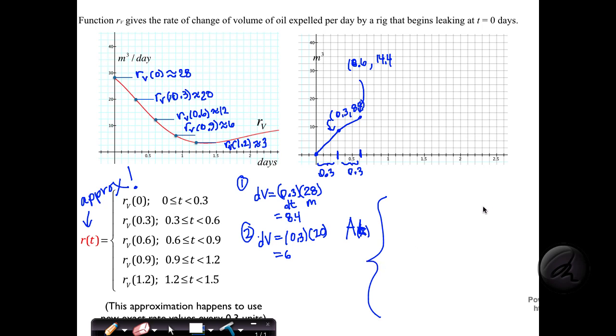I want to say if t is between 0 and 0.3, I want to be able to write an equation for this whole line segment where as long as my t is within this value, it'll put me at the appropriate dependent value, the amount of accumulated oil that had spilled. Here, let me rewrite that.